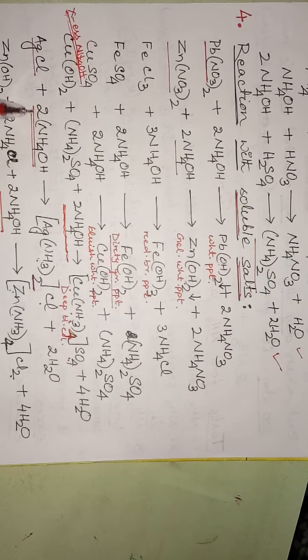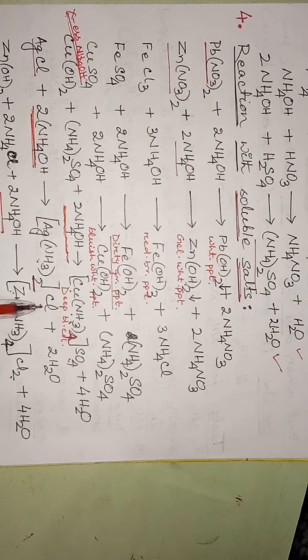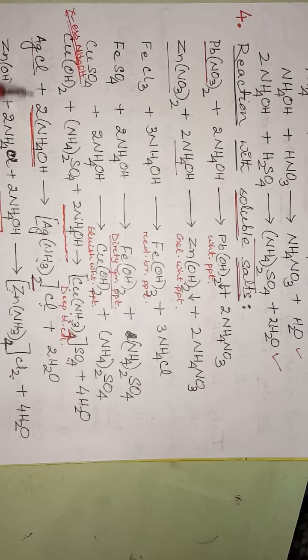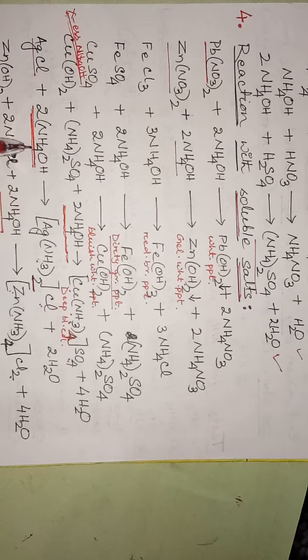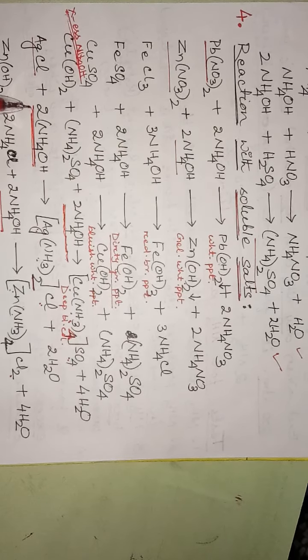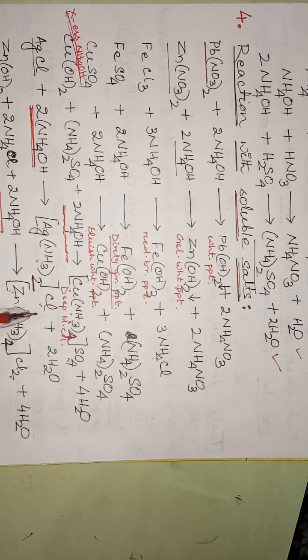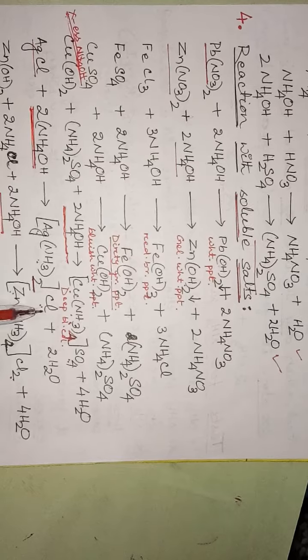Then in excess of ammonium hydroxide, it forms diamine silver chloride. As silver hydroxide is soluble in ammonium hydroxide, we cannot give the first reaction. Directly it is given as 2NH4OH giving Ag(NH3)2Cl, diamine silver chloride.